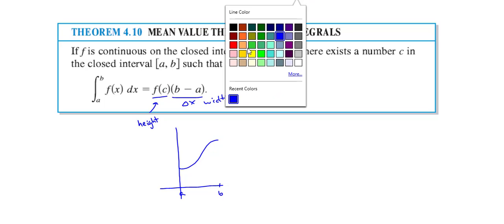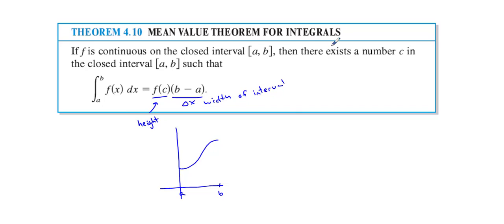So what that means is, if I change colors here, there's some c value in between a and b such that f of c is the height of a rectangle that gives us the same area as the area under the curve, between the curve and the x-axis. Okay, and that would be considered the mean value.